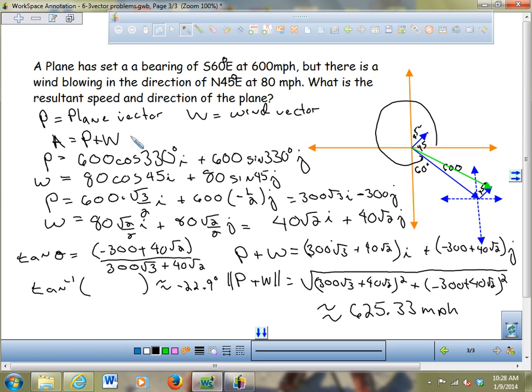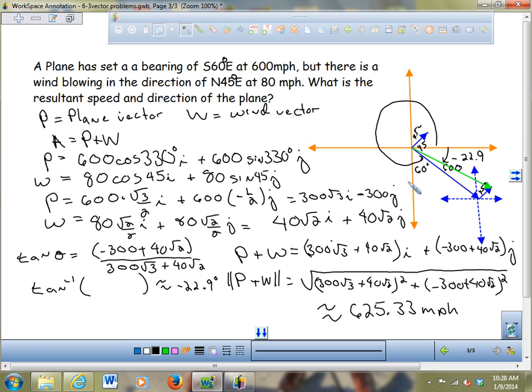So when you talk about direction, that's really not a good way to talk about it. You want to talk about it either in terms of a bearing or degrees from, or you can talk about the direction angle. So what I just found is that this here is negative 22.9, right?